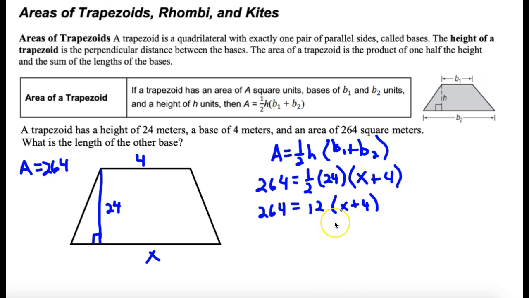Now I actually have two options, right? I could distribute this 12 through the parentheses and solve, or, and this is actually going to save me a step, I could just go ahead and divide both sides of the equation by 12. Okay? I can do that because I'm multiplying 12 times the x plus 4. So if I just divide both sides by 12, those 12s cancel out.